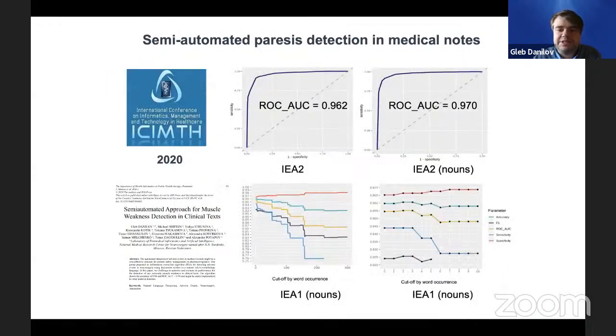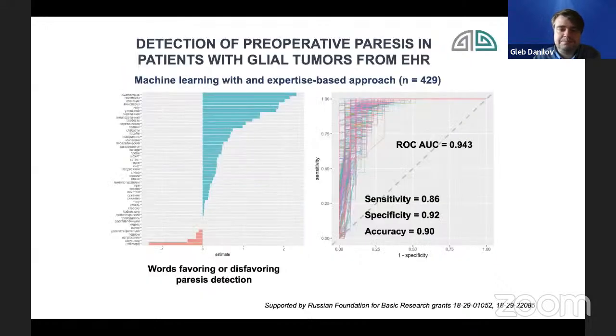And here is an example of this algorithm. You see the quality of using our method, for instance, for paresis detection in clinical notes. We saw that using the combination of machine learning and human expertise can augment information extraction from text.